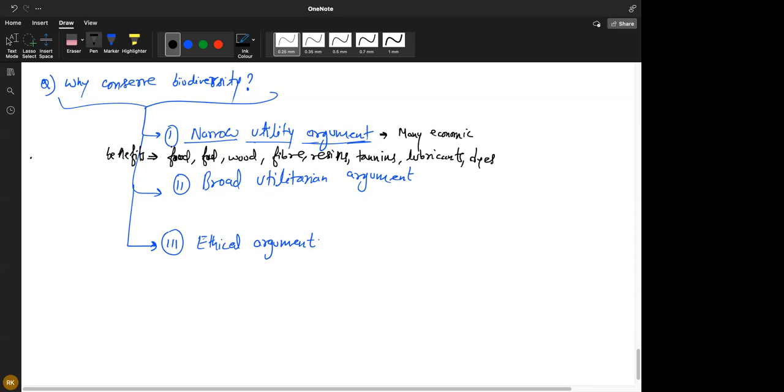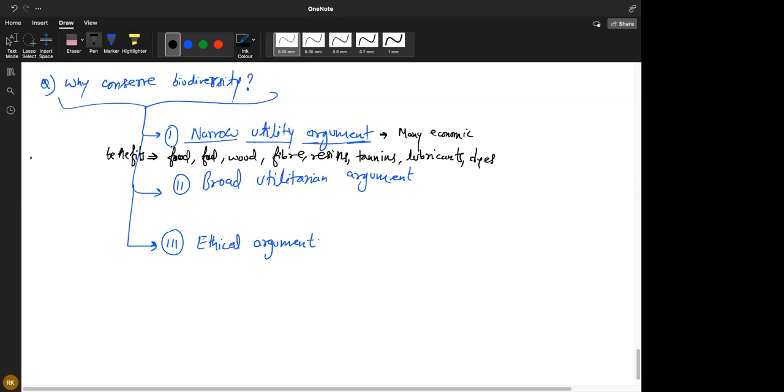We will have supplements instead of getting vitamins and proteins from fruits or pulses. Fibers, we have also created synthetic fibers like rayon, nylon. So no need to worry about cotton and wool all the time. We can make artificial dyes. We can also make artificial resins, lubricants, tannins, perfumes. These are all chemicals which can be created. We will look for other alternatives of medicine if plants are gone.